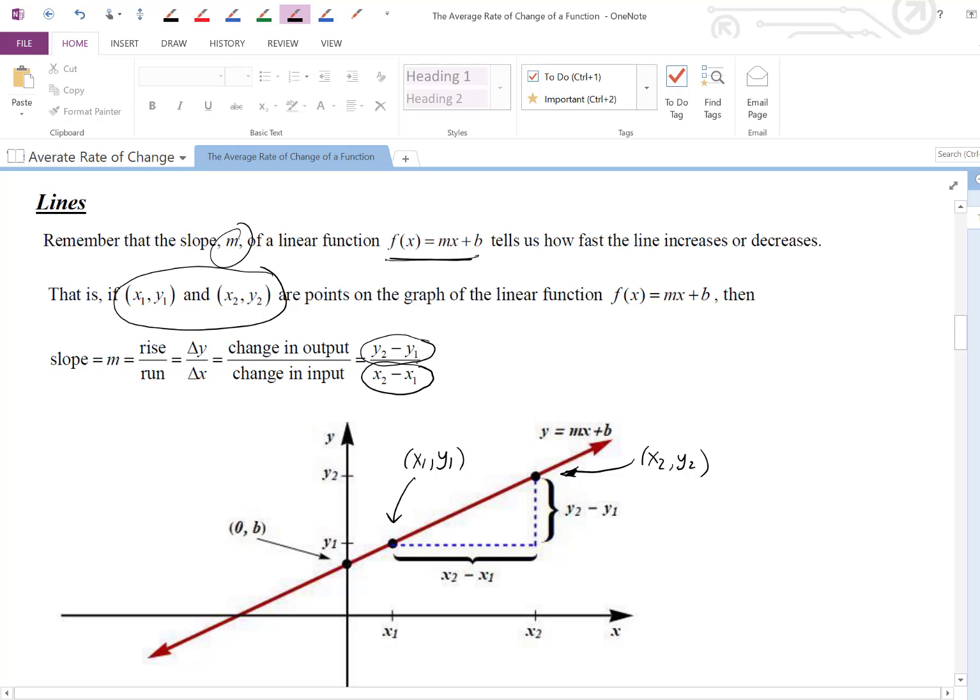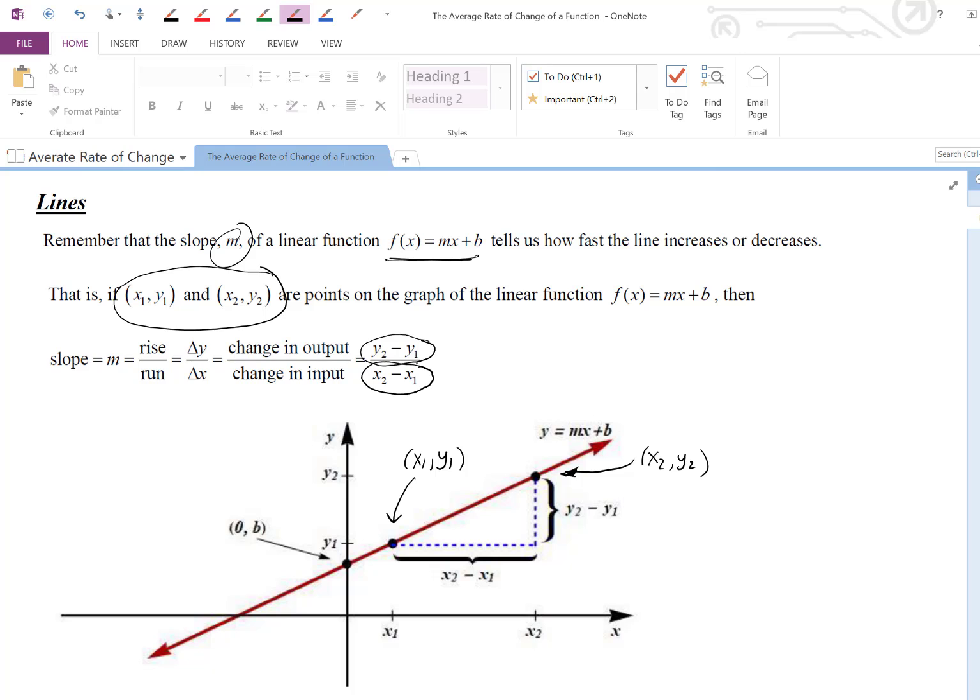Those changes being y2 minus y1 on top and x2 minus x1 on bottom. That's the corresponding vertical and horizontal changes on the interval of consideration. And you can imagine if x and y had some corresponding units associated with them, then this ratio would be a rate.